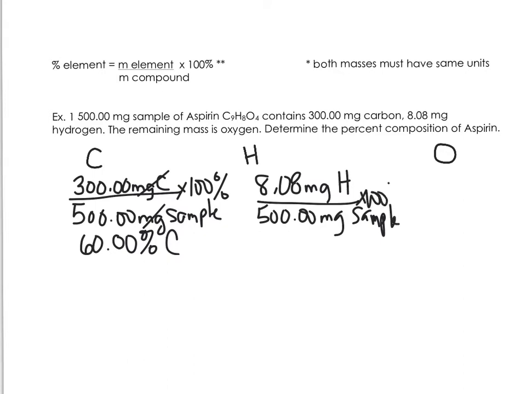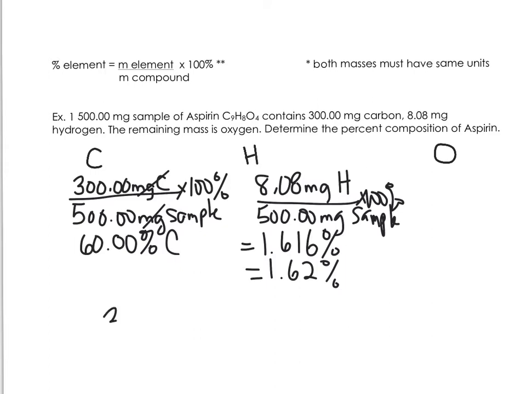Times 100%, and we get 1.616% or 1.62%. Now to figure out oxygen, we need to figure out the mass that is oxygen.